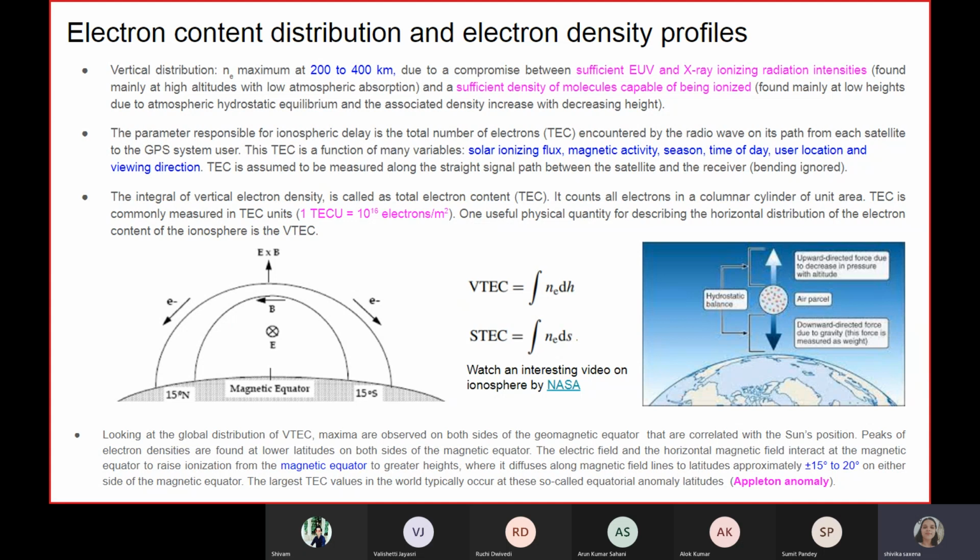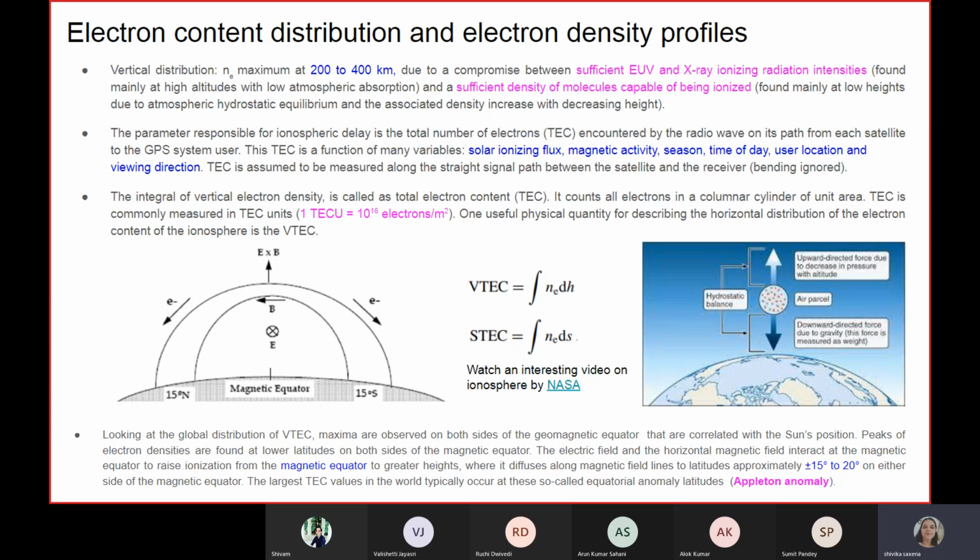That solar ionizing flux, magnetic activity, at what point of earth how much magnetism is active, what is the time of the year, season, time of the day, and what is the user location, as well as what is the viewing direction. Again, viewing direction will tell you in what direction the ionosphere is undisturbed and in what direction the ionosphere is active. Okay, so viewing direction will also affect this total electron content.